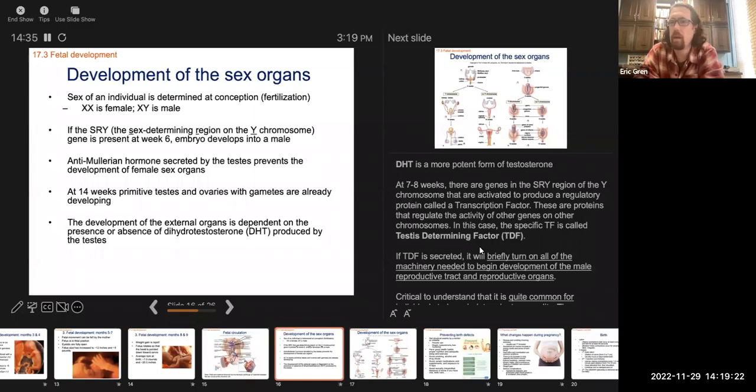One of those, which I mentioned briefly in my first recording, is that sometimes you can inherit an extra X chromosome. So there are individuals that are born with 3 sex chromosomes. They have 2 X's and a Y.